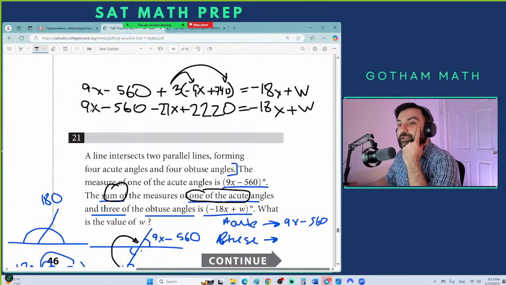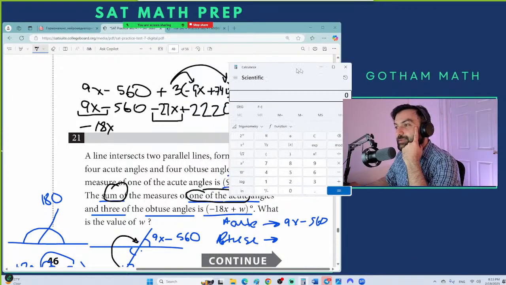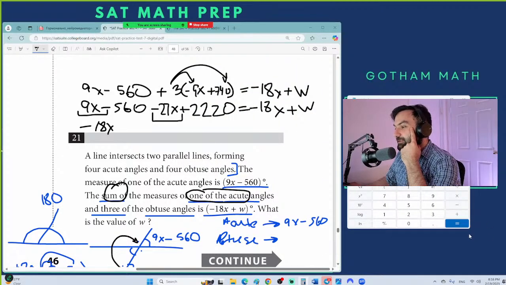And we combine like terms. 9x and negative 27x will be negative 18x. And, okay, why do I keep wasting our time?